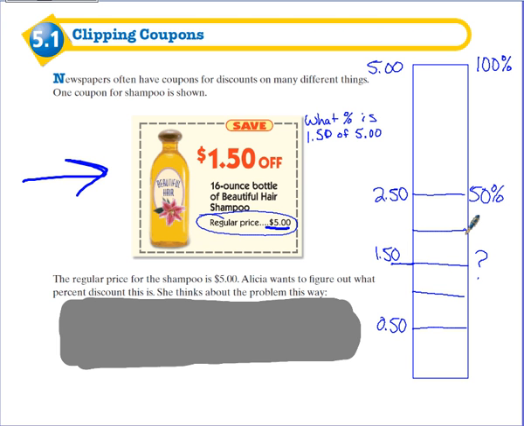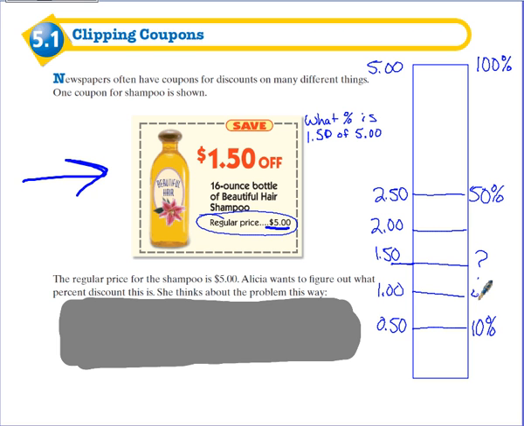In $2.50, you have 50 cents, and you have the $1.50, $2. So if this is 50 cents, what would this be? How could we break 50 cents up into 5 equal pieces? Does 10% do it? 10%, 20%, 30%, 40%, 50%?